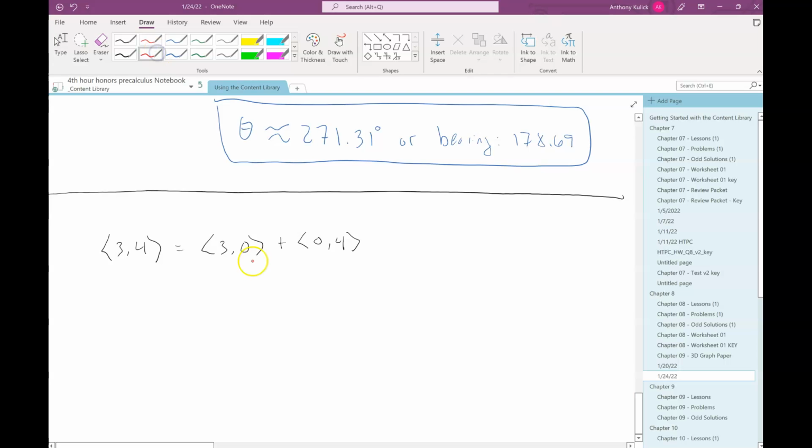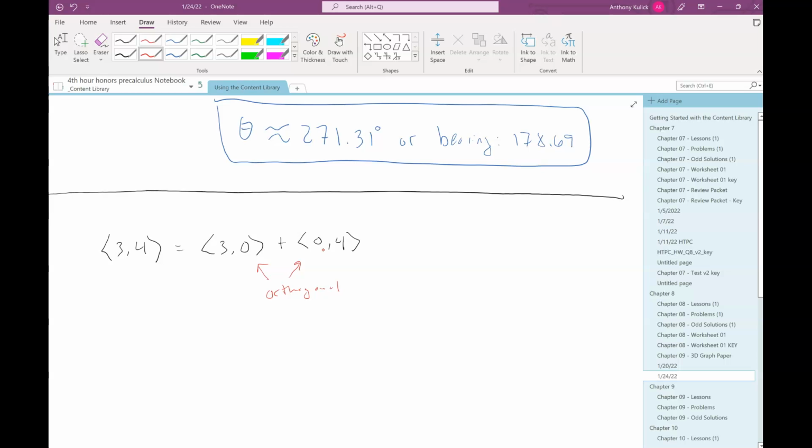The thing that is nice about these is that these are orthogonal vectors, right? They intersect at a 90-degree angle. Now, are these the only vectors that would add to give me the vector 3, 4 that are orthogonal to one another? No.